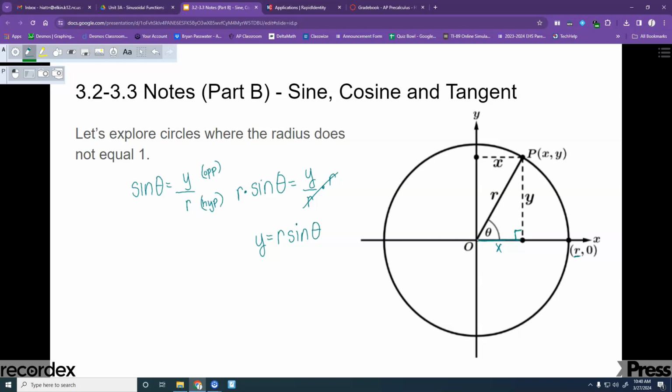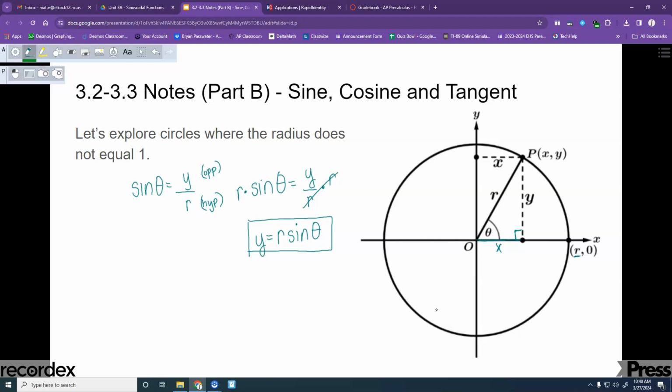Now, yesterday, at the top of your unit circle paper, what did you write that y equals? Sine, right? So y equals sine. Now, what if we use this formula instead? Is it still true? y equals the radius times sine. For the unit circle, that radius is 1. So for the unit circle, it is the same thing, right?